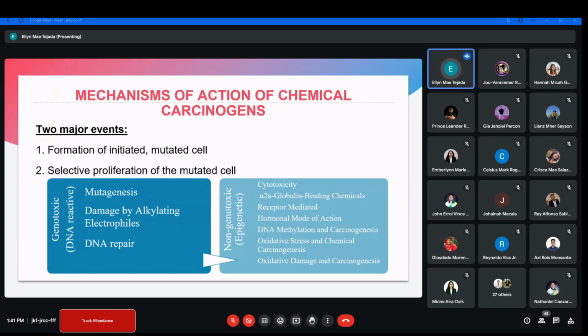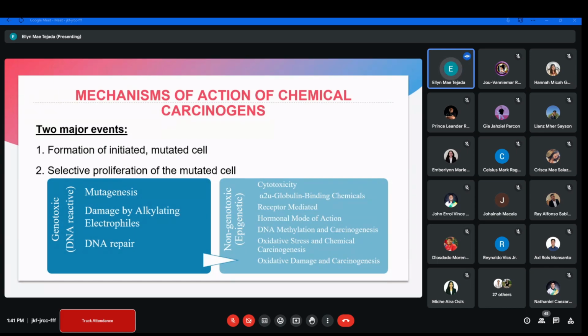Now, if you're quite observant, chemicals that induce cancer have been broadly classified into one of two categories, which we mentioned earlier: the genotoxic, also known as DNA reactive, and on the other hand, the non-genotoxic, also known as epigenetic carcinogens.